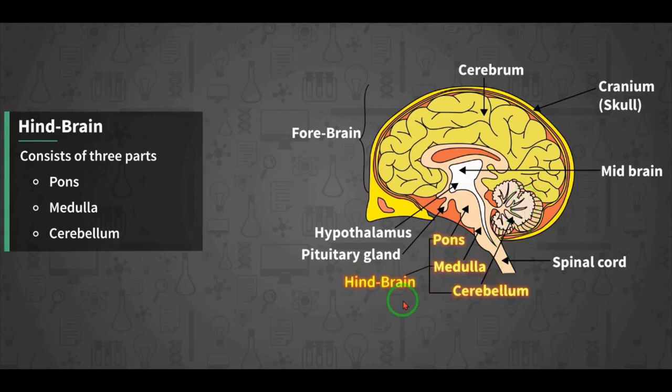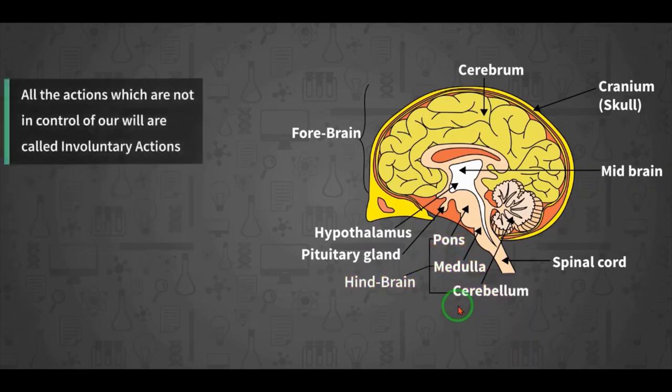So in the hindbrain, three parts are present: pons, medulla oblongata and cerebellum. Once again, all the actions which are not in control of our will are called involuntary actions.